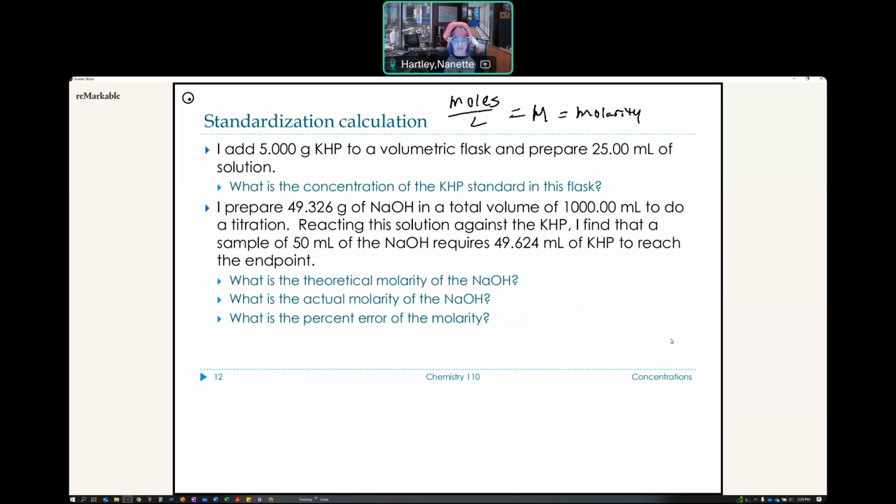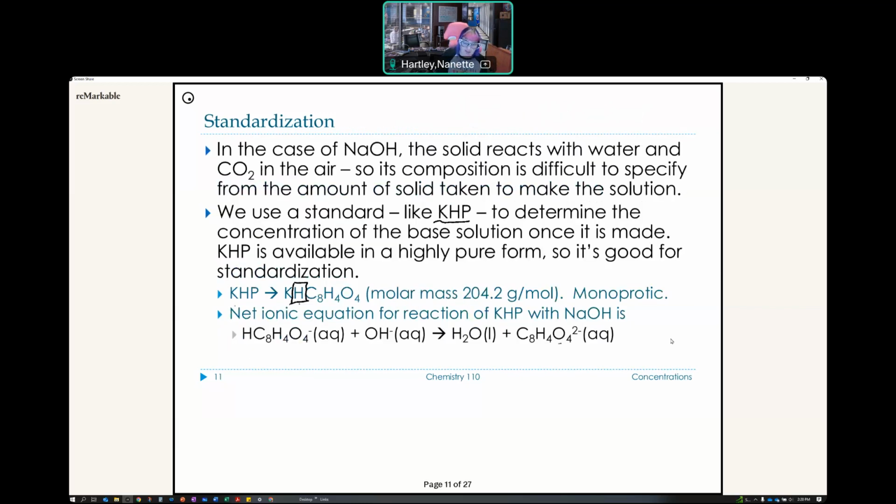So if I want to take this KHP and this volume and turn that into a molarity, I have to take that 5.000 grams of KHP and divide that by the molecular weight of KHP. Now, back here, I said that the molecular mass of KHP was 204.2 grams per mole. I know that because the bottle in the laboratory says exactly that. Now, could I calculate that?